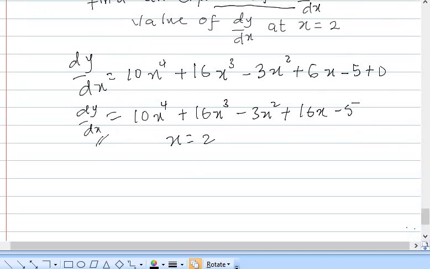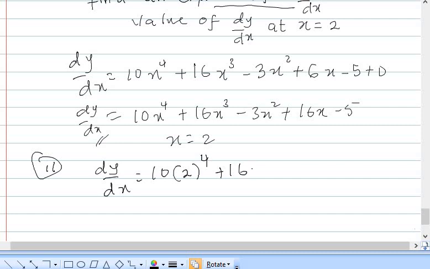It's easy: anywhere you see x, just replace it with 2. So dy by dx is 10, x is 2, raised to power 4, plus 16, x is 2, raised to power 3, minus 3, x is 2, raised to power 2, plus 16 into 2 minus 5.